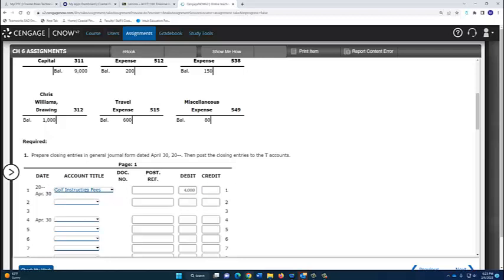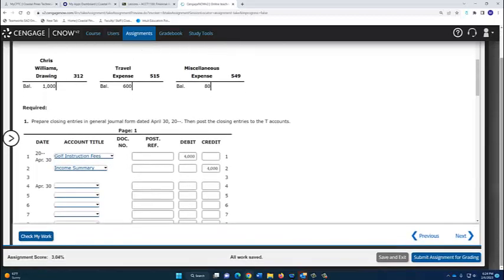In your first two closing entries, the offsetting account is going to be income summary. So if I debit my golf instruction fees, then I'm going to credit income summary. Okay, so that, when posted to the general ledger, will zero out the revenue account golf instruction fees.